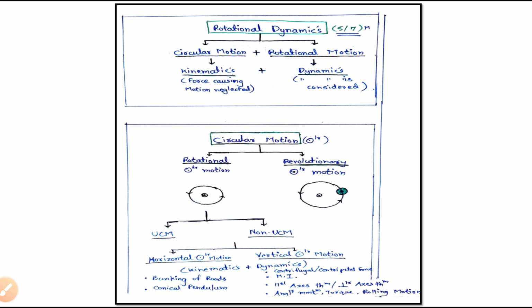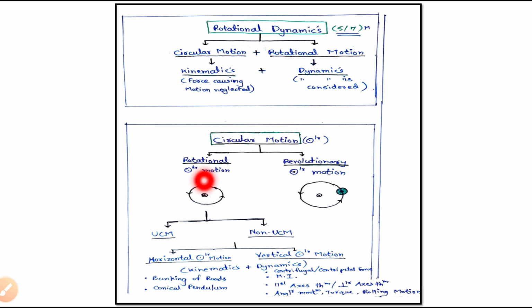Depending on the position of that axis of rotation, it is decided whether the motion is rotational or revolutionary. Here you can take a simple example of planets moving around the sun.